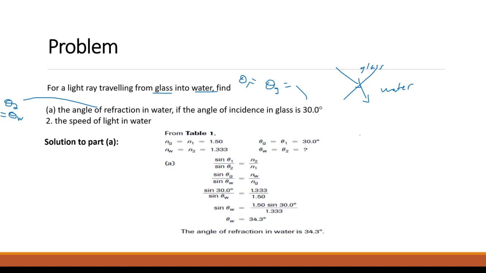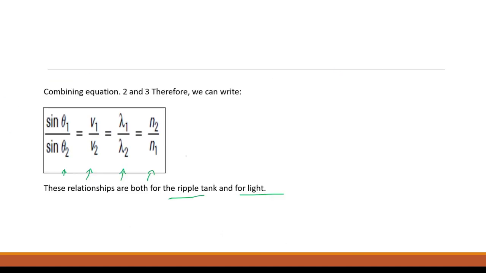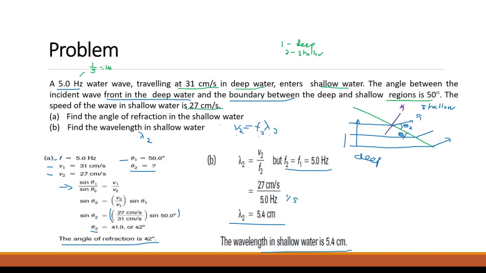So we have one angle and want to find one angle. So we're getting the sense that we want to use Snell's law again. We're going to have a theta over a theta, and then we want to equate it to some sort of ratio we know. And so from the table we looked at before, we have the indices for water and glass. And so that was a valid ratio that we can equate angles to.